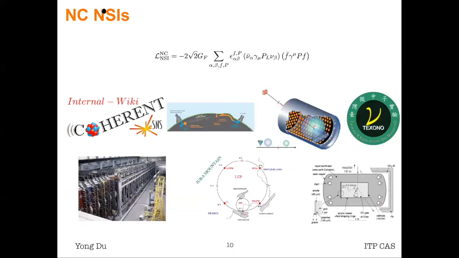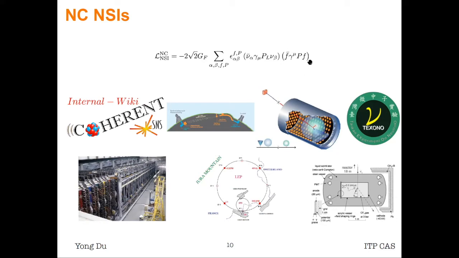For the neutral current NSIs, the Lagrangian is usually parameterized this way, as shown here, where alpha and beta are the flavor indices of neutrinos, f is either the electrons or the first generation quarks, and P is the chiral projection operators.